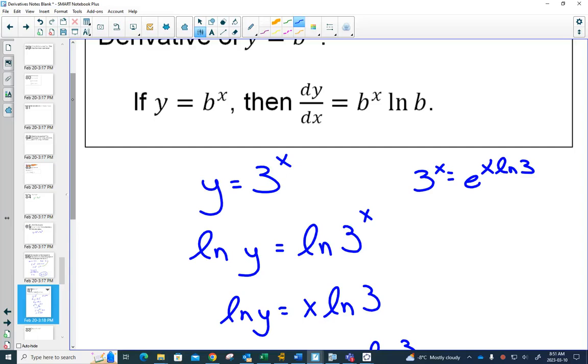And in fact, by doing it that way, we have sort of proven how this rule works using the derivative of e to the x. So the derivative of any other base that you have will also be the same, but you're going to have to add a natural log of that base afterwards, because it's not quite the same.